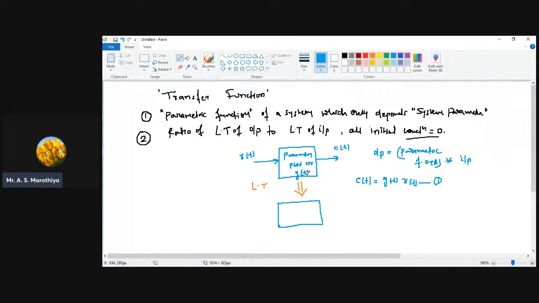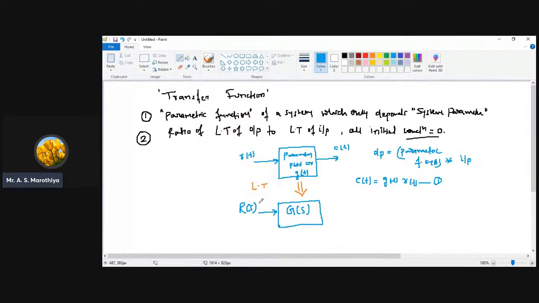Now instead of having g of t, I need to take capital G of s, where capital G of s indicates the parametric function of the same system, but now represented in frequency domain instead of time domain. Then again we need to have some input, which is going to be capital R of s. I already told you that in time domain we represent the quantities through small letters, but in frequency domain we need to represent them by capital letters. So the same topology I have applied over here.